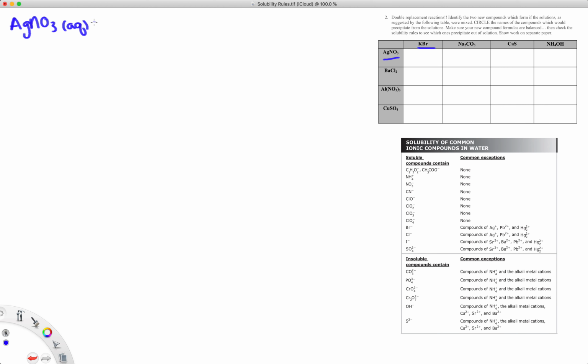So I'm going to put aqueous so that it indicates that it's dissolved in water. And then potassium bromide here. What we're trying to find are these two products right here. These are our unknowns, and that's what we need to find.